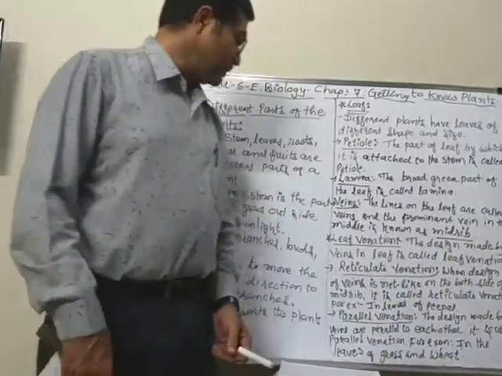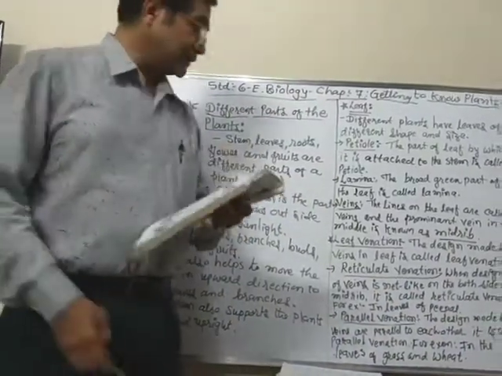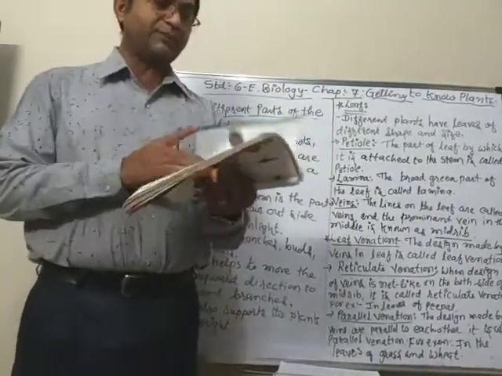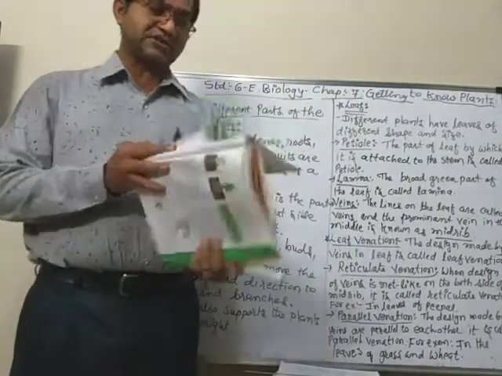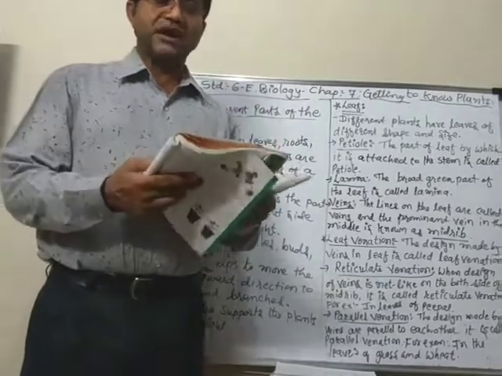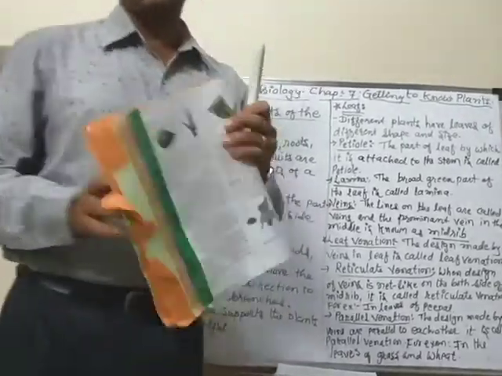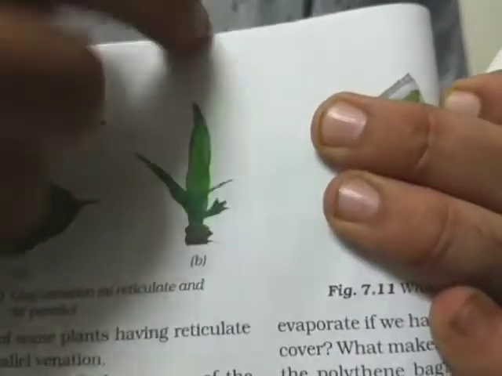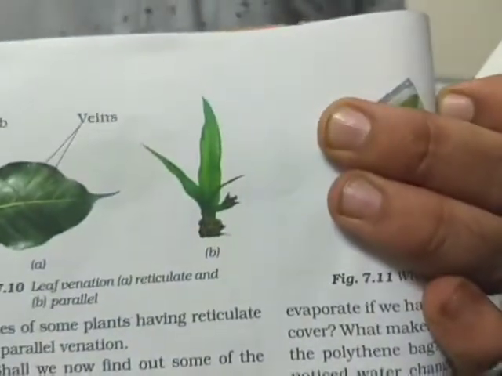For example, in the leaves of grass, wheat plant, maize plant, etc. You can see that in the figure also. It is not exactly clear, but in that one all the venation is parallel.